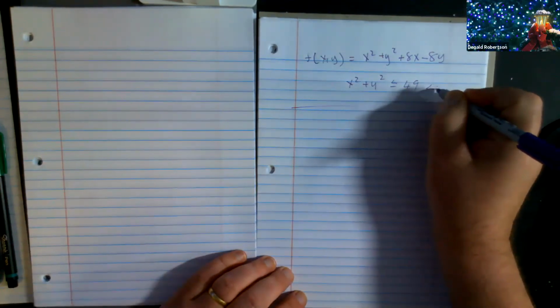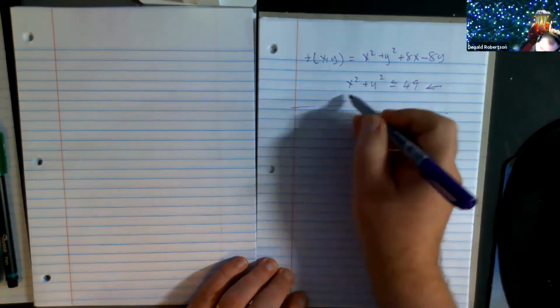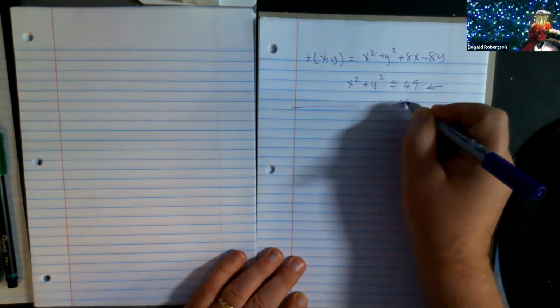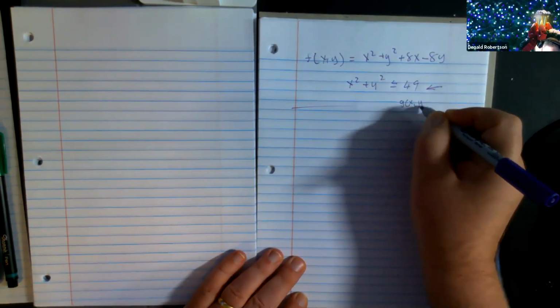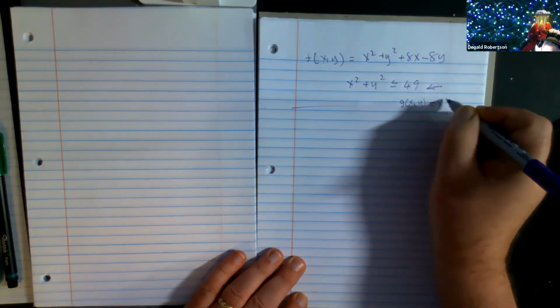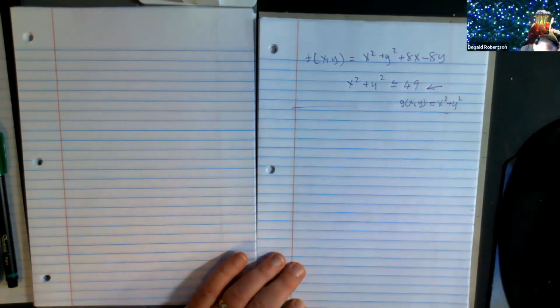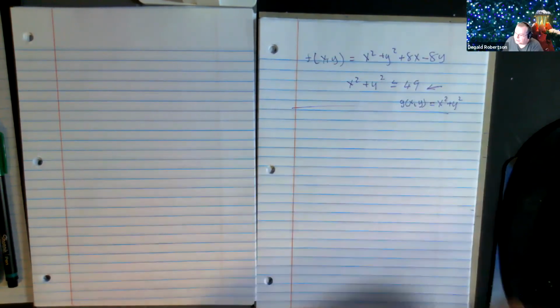This here is your restriction, right? So when we look at this particular guy, isn't this going to be g of x, y, and it's going to be basically the x squared plus y squared. That's the function that is our constraint function.